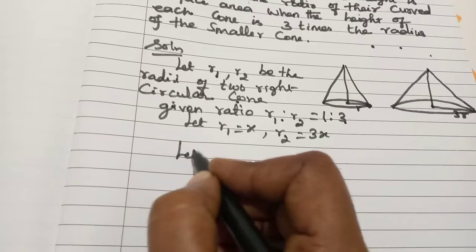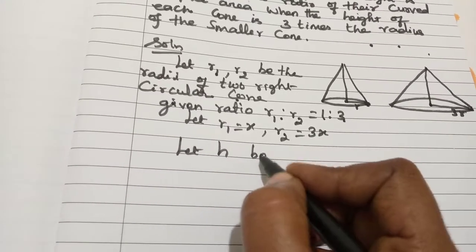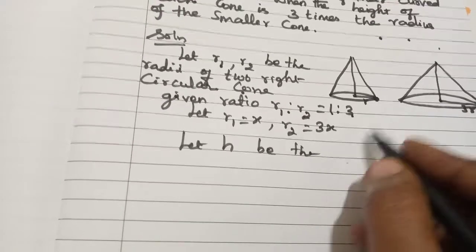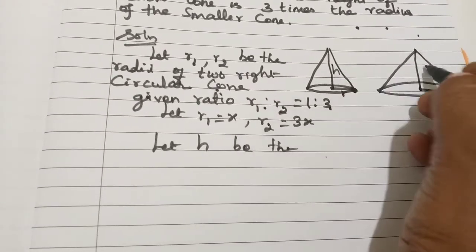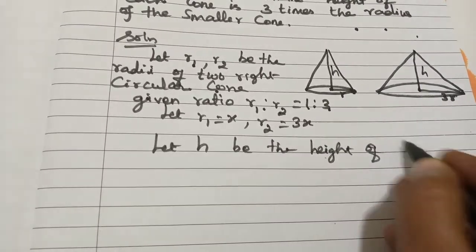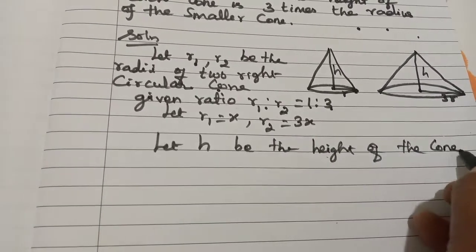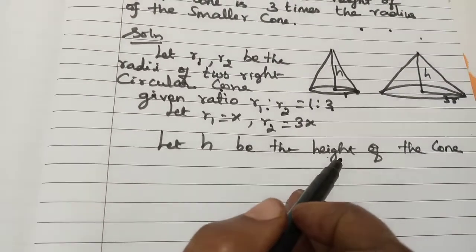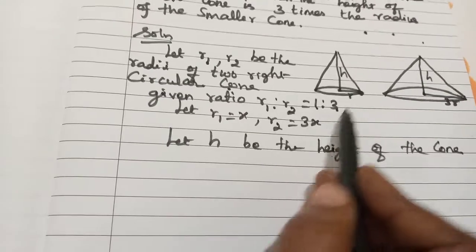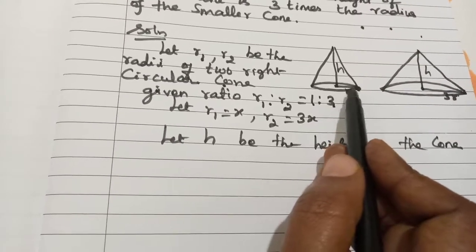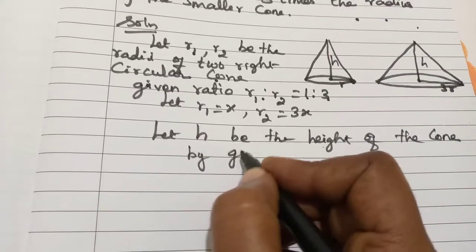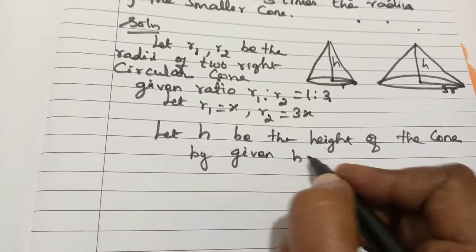Let h be the height of the cone. Both have the same height. Also given, the height is 3 times the smaller one's radius. What is the radius of the smaller one? x. So 3 times it means 3 into x. Therefore, by the given condition, the height is 3x.